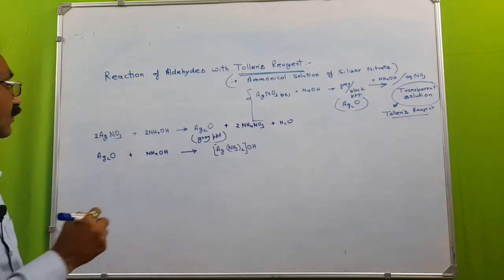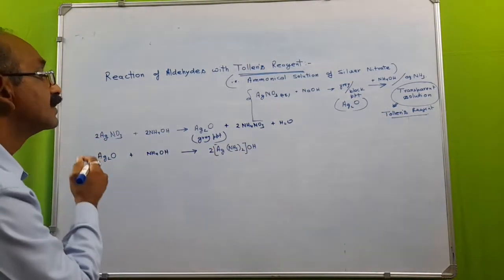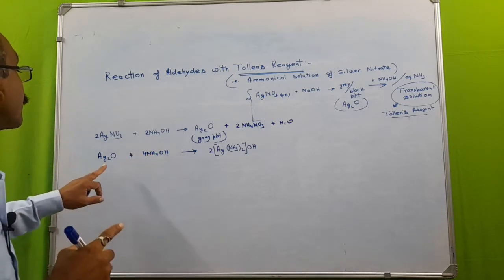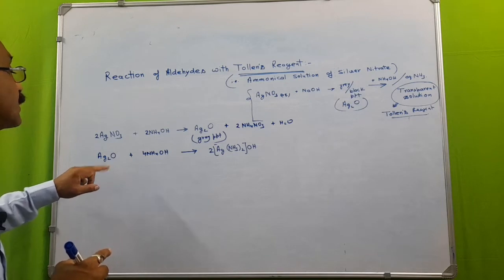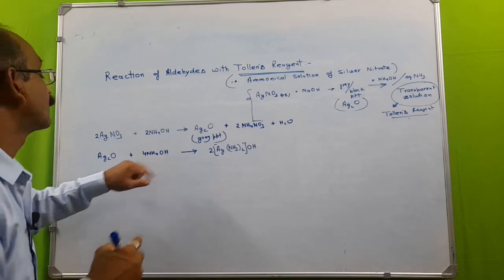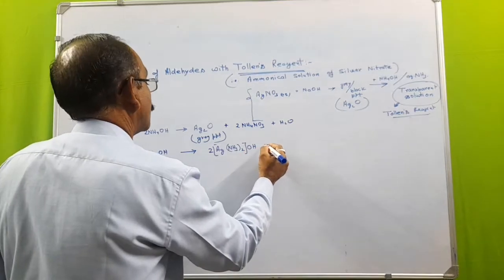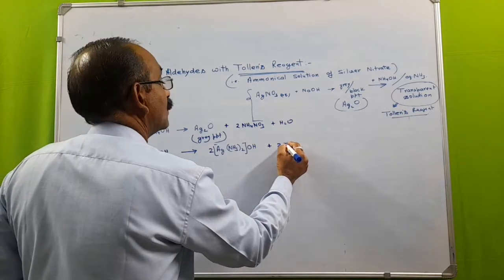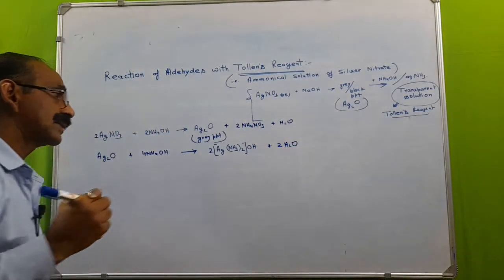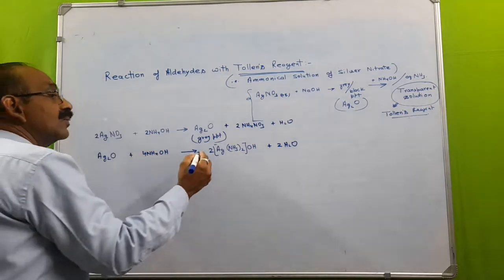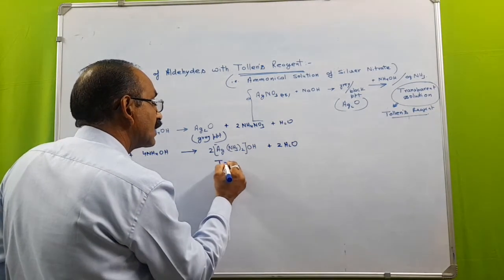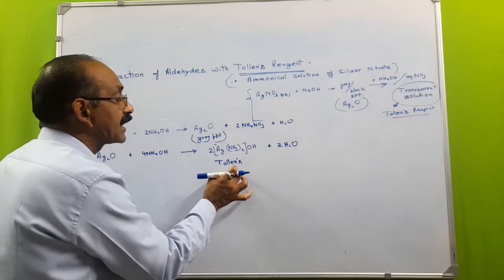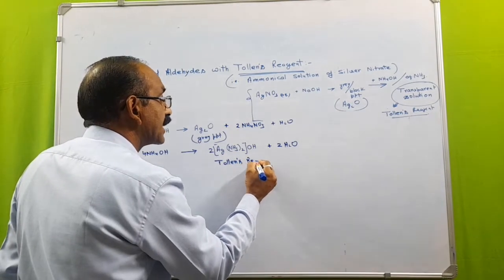This type of complex is formed here. So, in order to write the balanced equation here, two water molecules set free along with this. So, this one is the complex, or we can say this one is the active species of the Tollen's reagent.